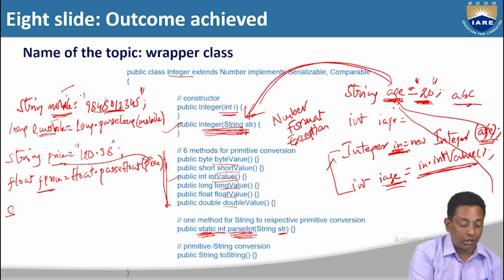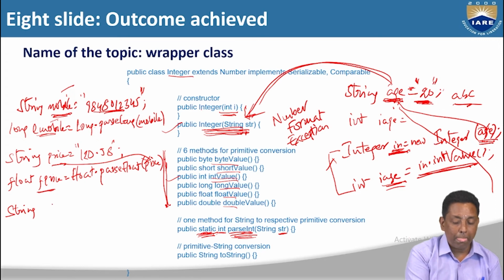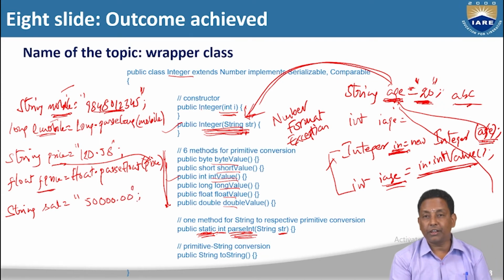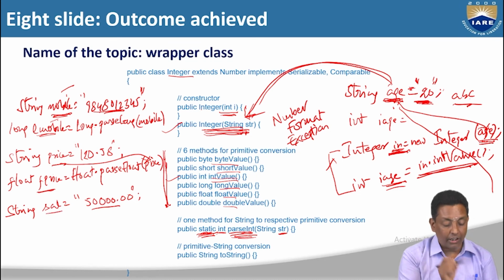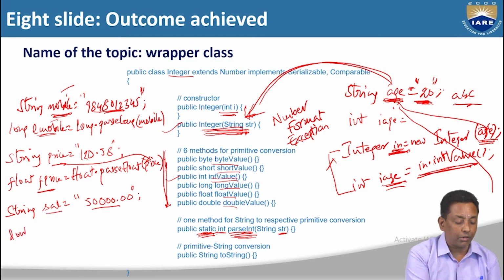Similarly, if you have a string salary, for example, salary is equal to 50,000. Let us assume salary is stored as a string. We want to convert it into double. So how to convert into double?